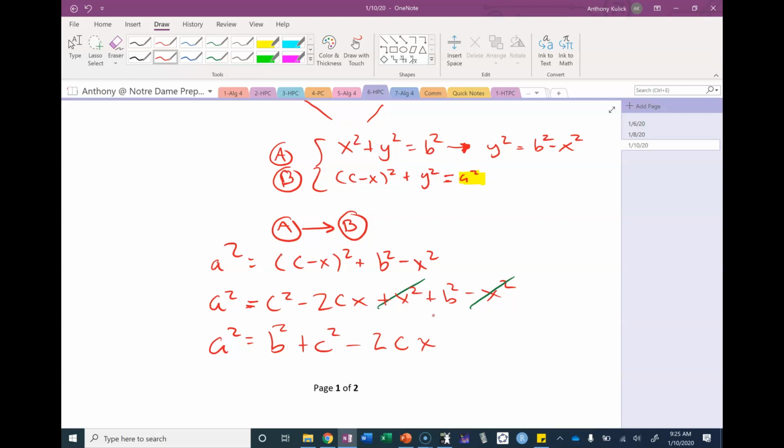If we compare this to what we're trying to prove, the only thing that's different is that we have an x instead of a b cosine a. Does everybody see that? Yeah. All right. So let's look for how I can turn x into b cosine a. Who has an idea of how we might be able to do that?